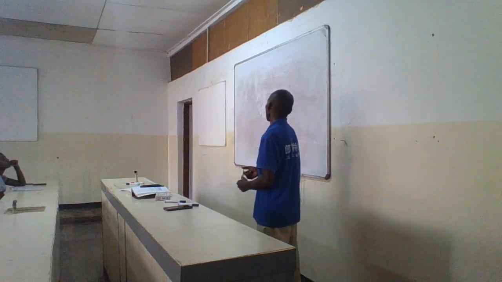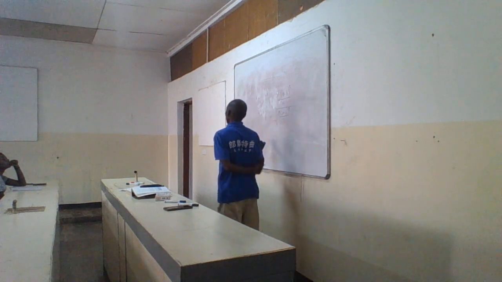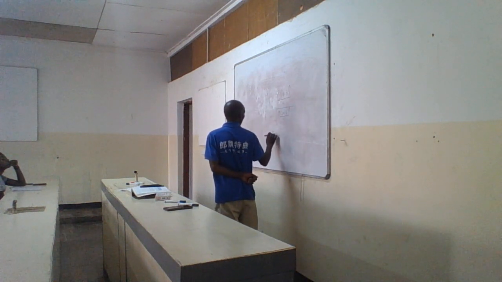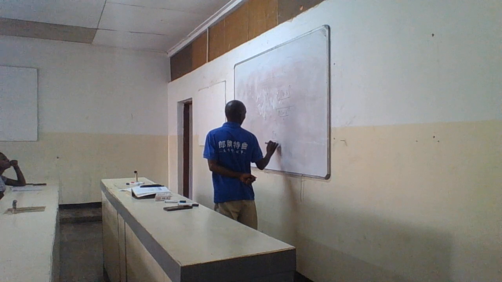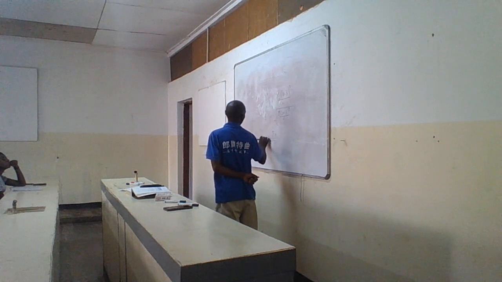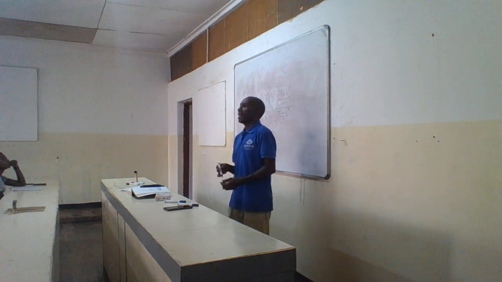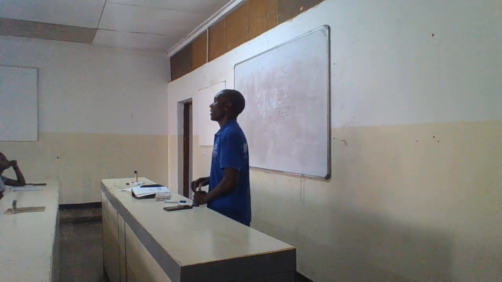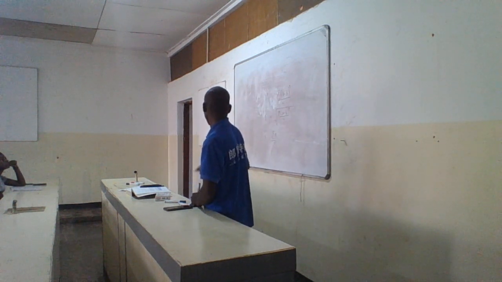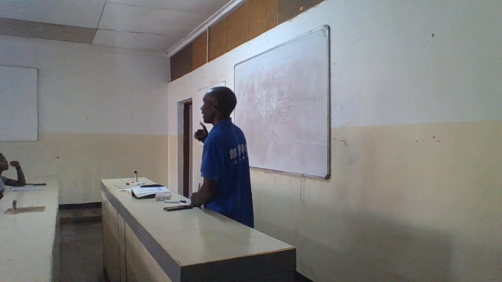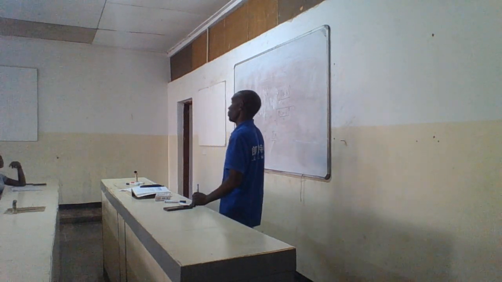But again, if you sum up all x's divided by n, what you are coming up with is your x bar. You are summing up and you are dividing by n. What you are getting is the mean. This is the mean of a small sample.